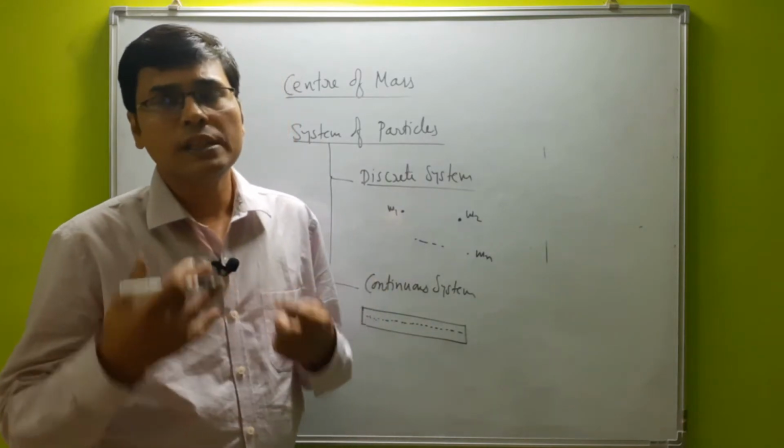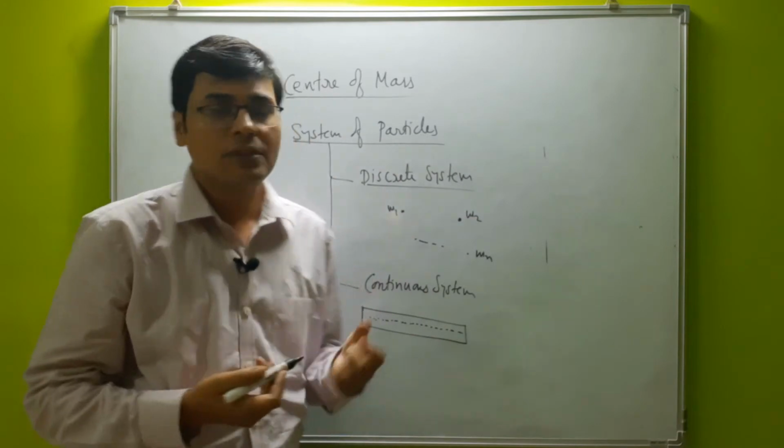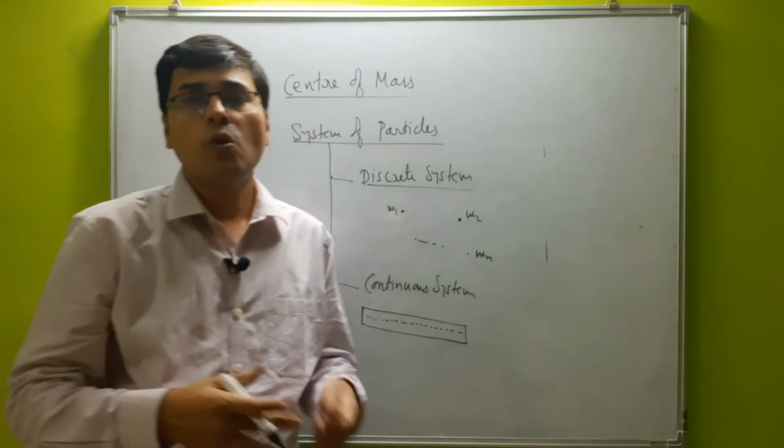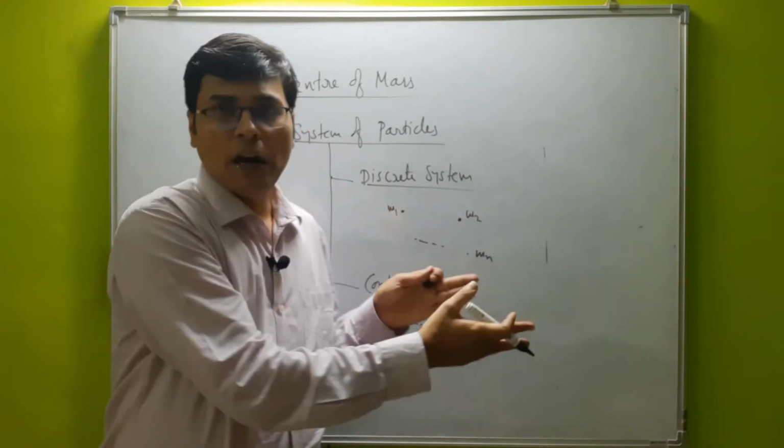But first we need to understand that we may have two types of system of particles. First is the discrete system, in which all the particles are separated from each other. There would be no connectivity between two particles.